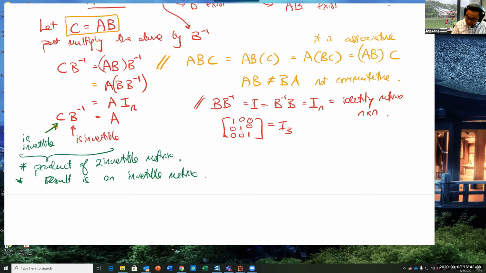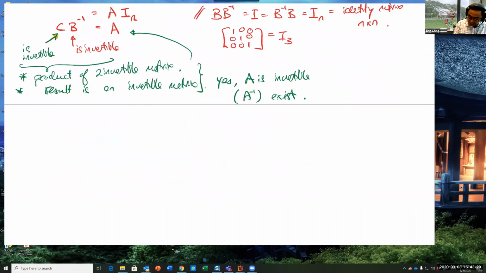We are going to prove this, of course. And when this is proven, then we say that yes, A is invertible, or we can say A minus 1 exists. All right, so now we are going to go to the next page to prove this: the product of two invertible matrices is invertible. Any questions so far?